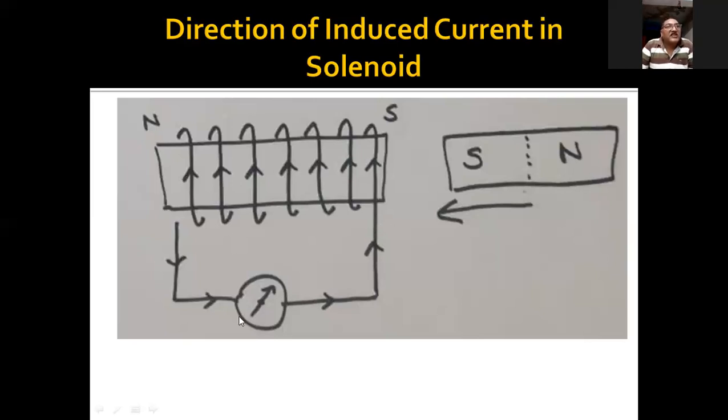So complete these arrows. When you have put these arrows here, then you know that the current is flowing from left to right. So the pointer of the galvanometer will also point towards the right.